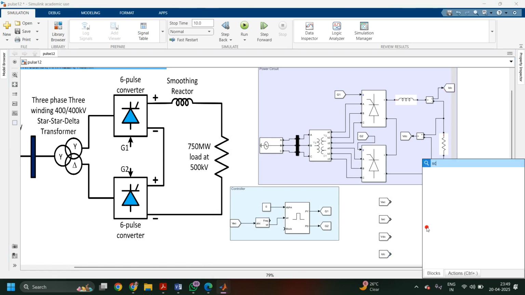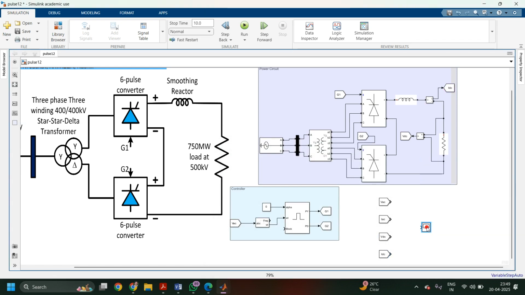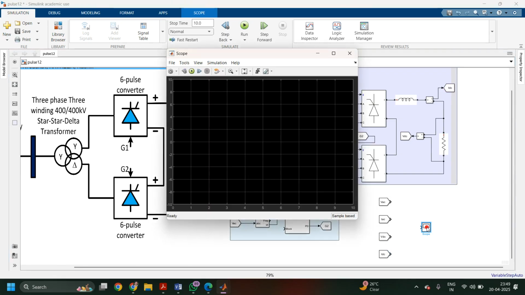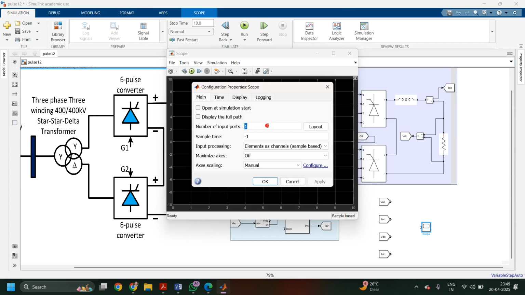Now take the scope, double click on the scope. It will open the settings. Go into the settings, make the layout total input ports as 4 and make it a 2 by 2 array.